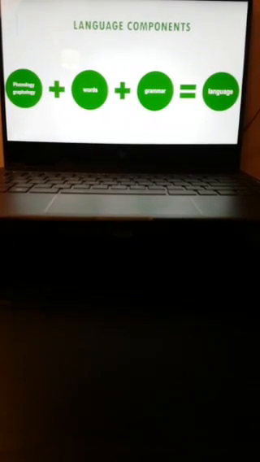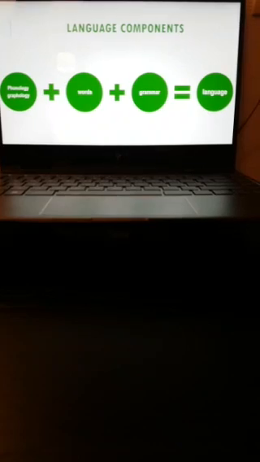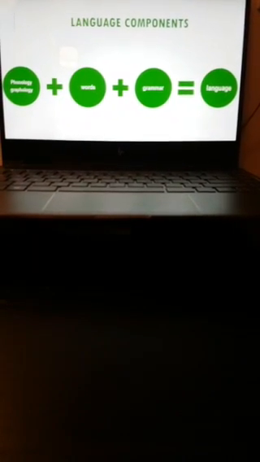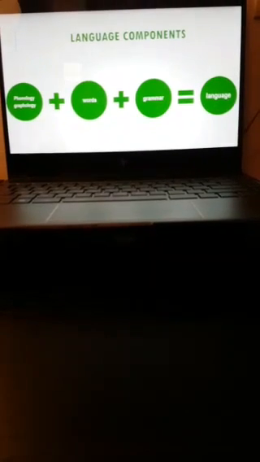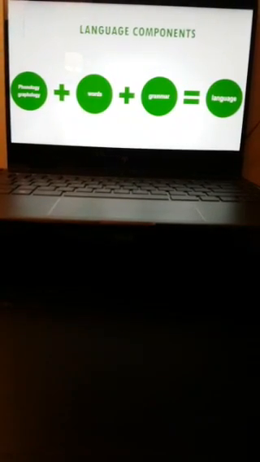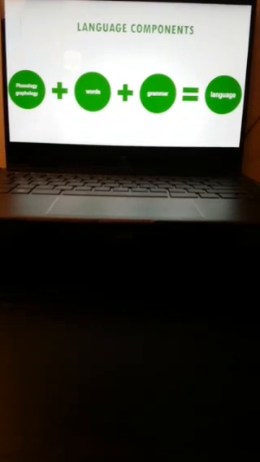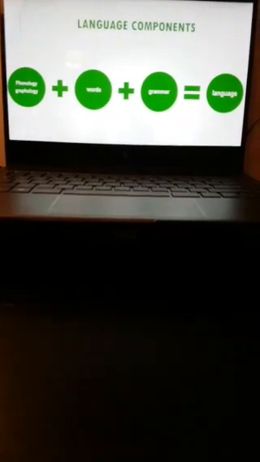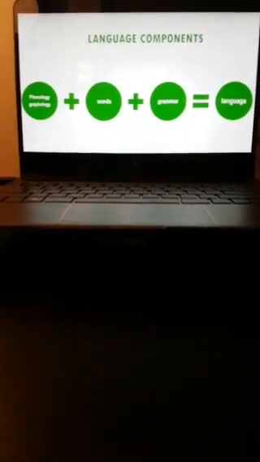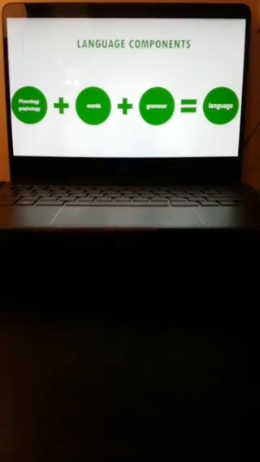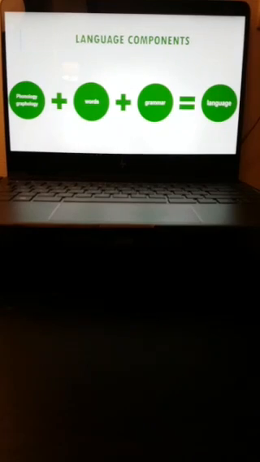If the language is spoken, then it consists of phonology or spoken sounds. And if it's written, then it consists of written symbols, and those we call graphology. The other thing, it consists of words, and words are put together to form sentences according to the language rules.